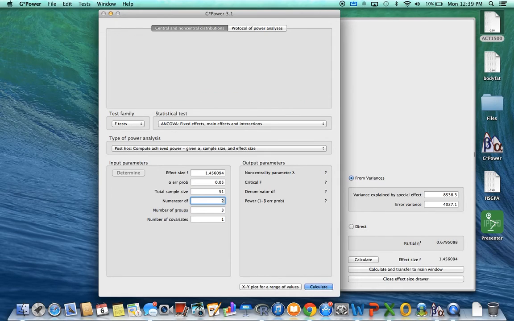All right, gang. Until told otherwise, we will use the numerator degrees of freedom being the number of groups in our independent variable minus 1. So we have 3, and obviously we get numerator degrees of freedom equal to 2.